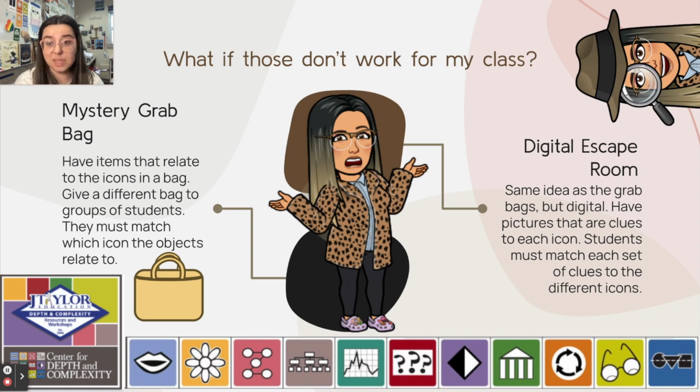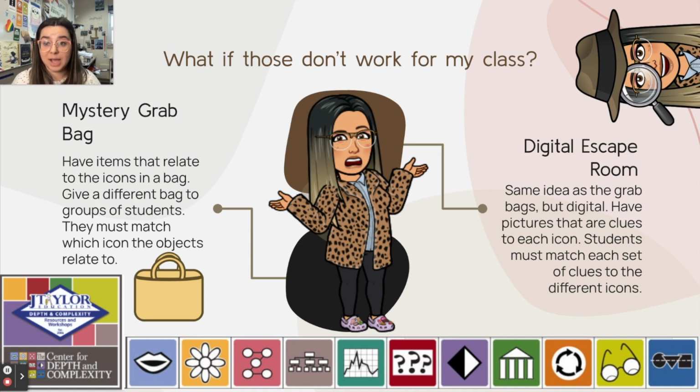Get a bunch of big shopping bags, like the reusable shopping bags. Those would be great, or paper sacks or baskets or whatever, and then go around and start collecting items. They could be items in your classroom that relate to whatever icon.